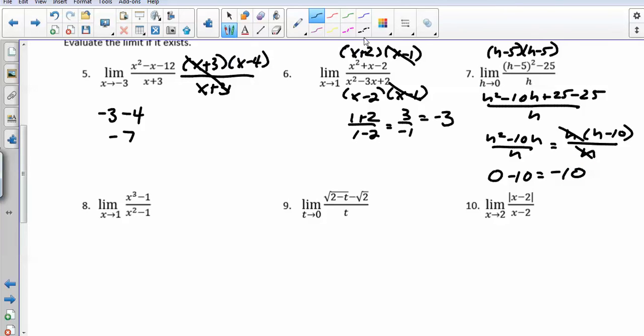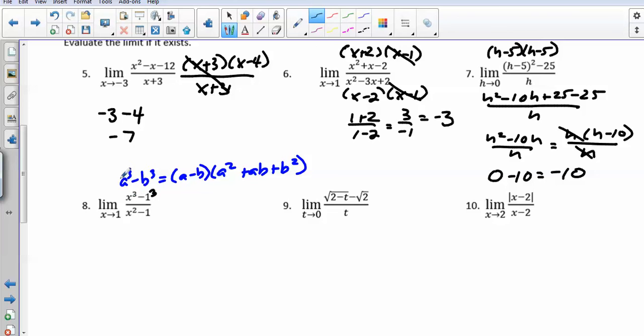In problem 8, you need to remember your pattern for a cubed minus b cubed. A cubed minus b cubed is a minus b times a squared plus ab plus b squared. So when I factor this x cubed minus 1, remember 1 is the same as the cube of 1.